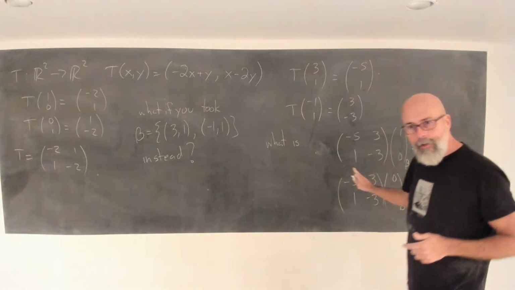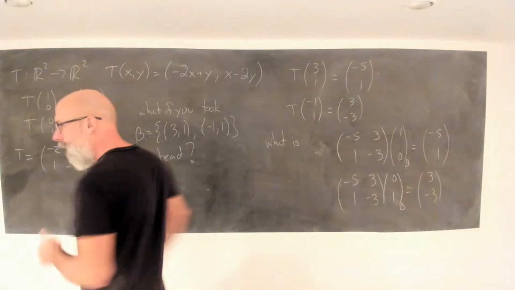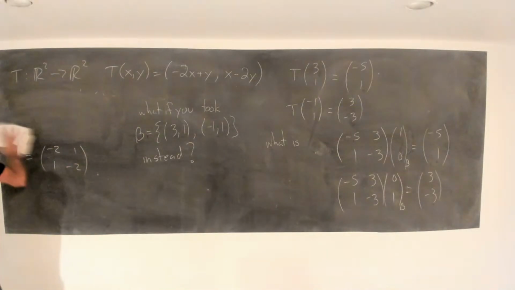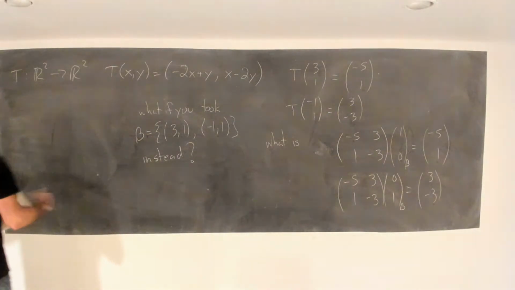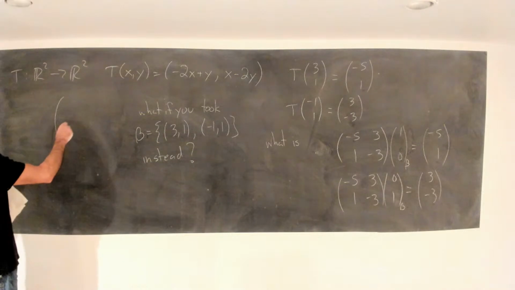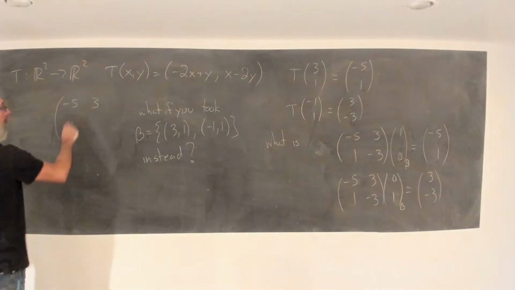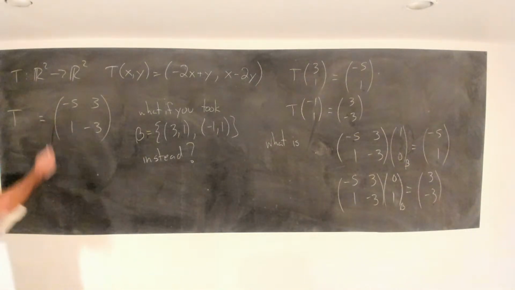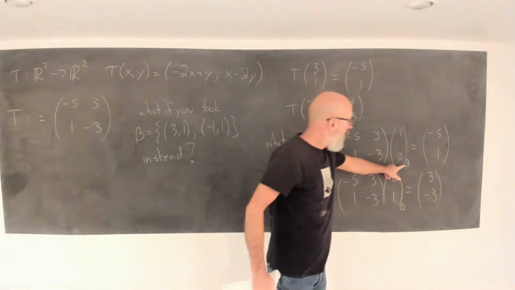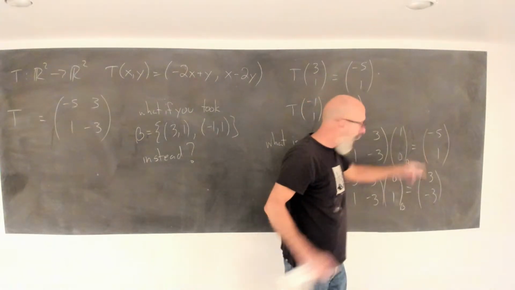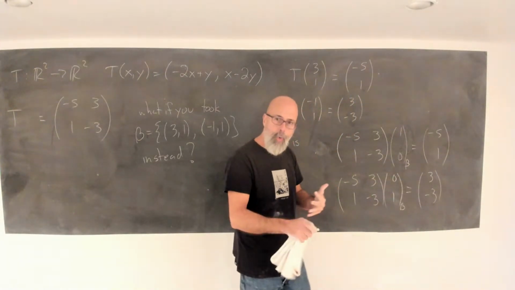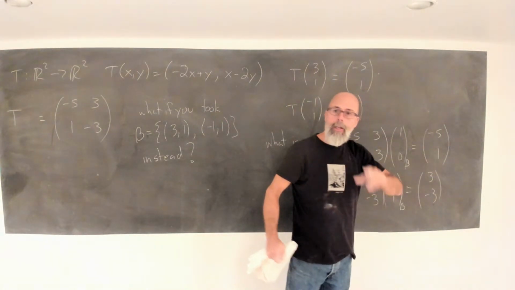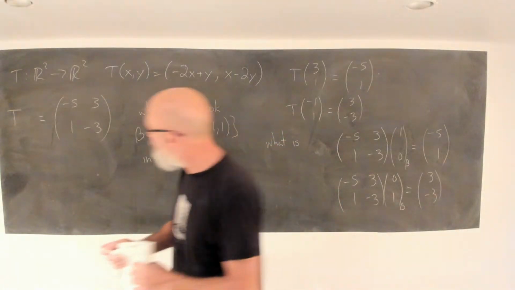this representation is a representation for T which takes elements in the basis B, acts on it as T would, and spits out the answer in the standard basis.